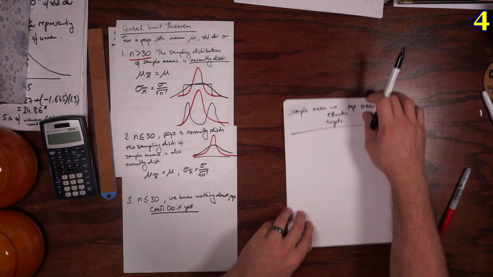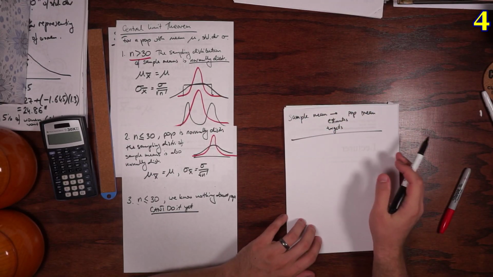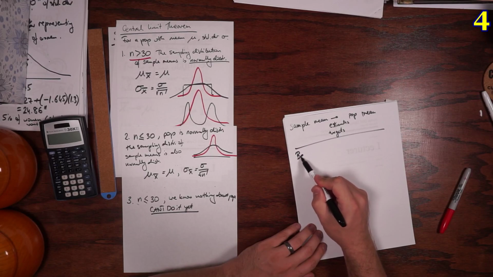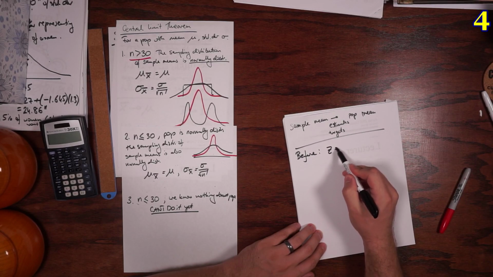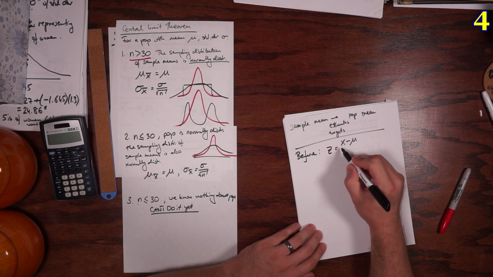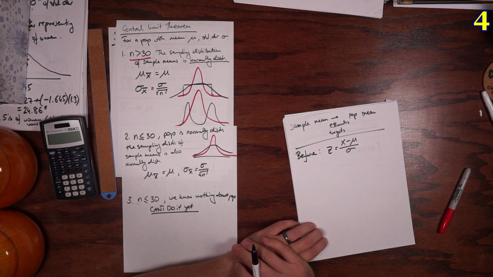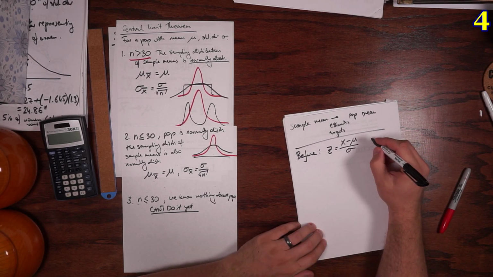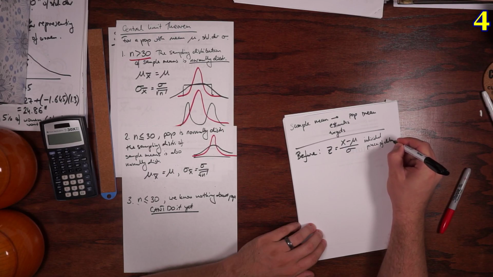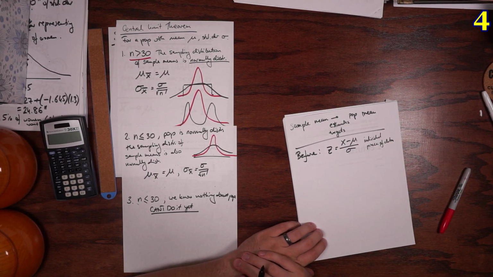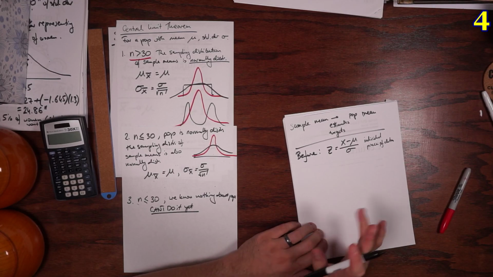So let's go back to our sample mean population. Well, before, we had a z-score that we used extensively to do this, and for an individual piece of data, that was brilliant. There is a downside, we need to know the mu and the standard deviation, but we're going to deal with that later.